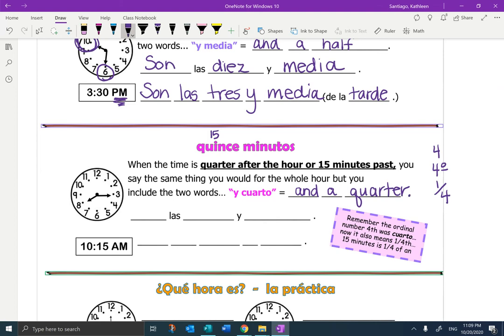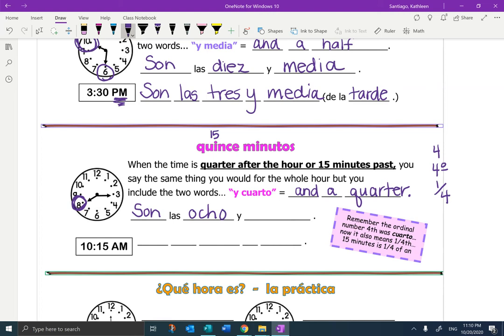And if we read the little pink box with the purple dashed line, it says, remember the ordinal number 4th was cuarto. Now it also means 1/4. Okay, 15 minutes is 1/4 of an hour. So how do we say the time that's on this clock? We're going to start with saying it is 8 o'clock. Son las 8.